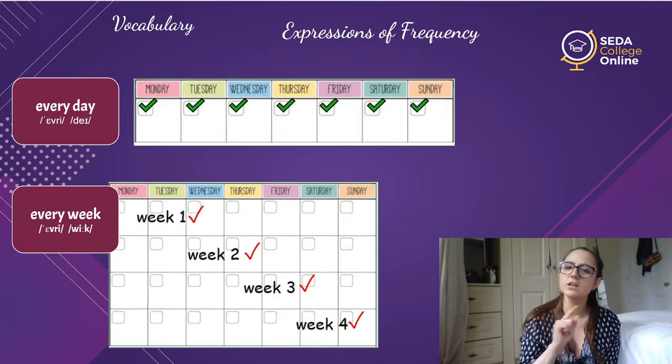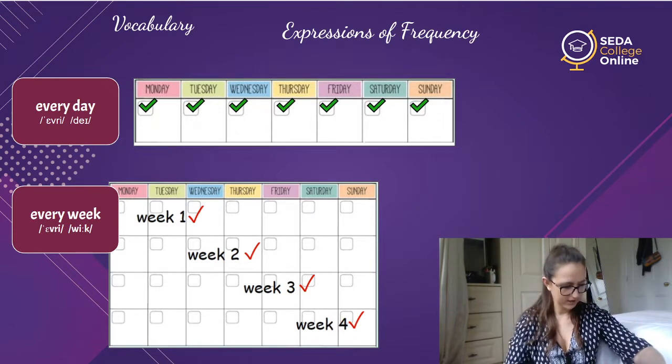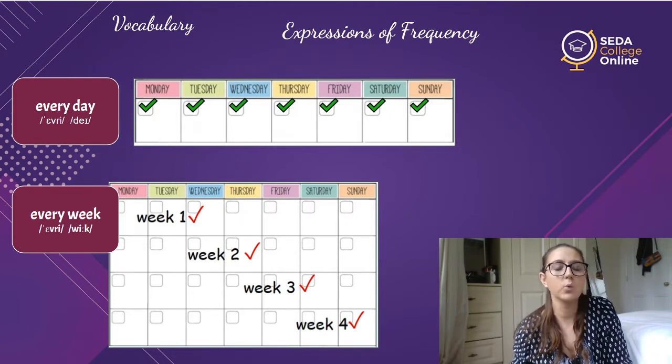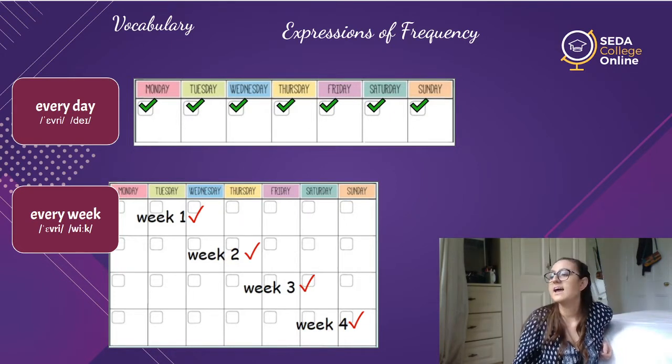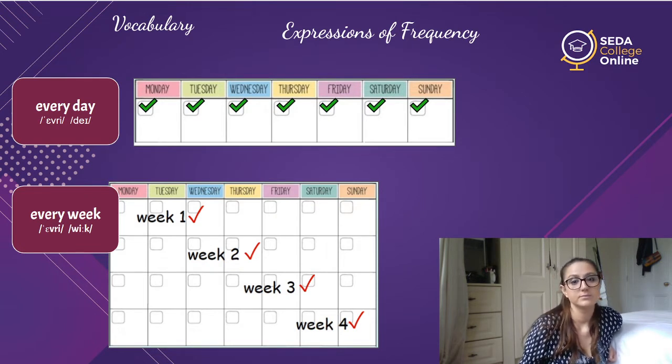So week 1, week 2, week 3, week 4, boom. I do something every week or every day. For example, I work every day. I kind of have to for planning these classes. Every day, every week. That's quite easy, isn't it?